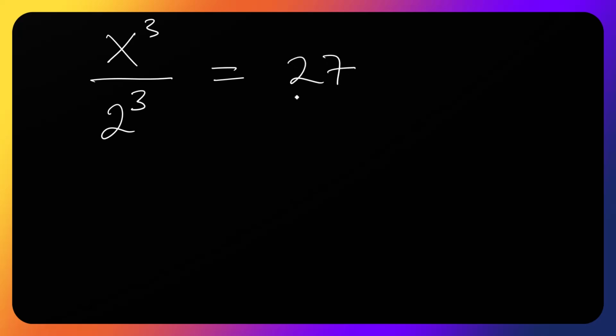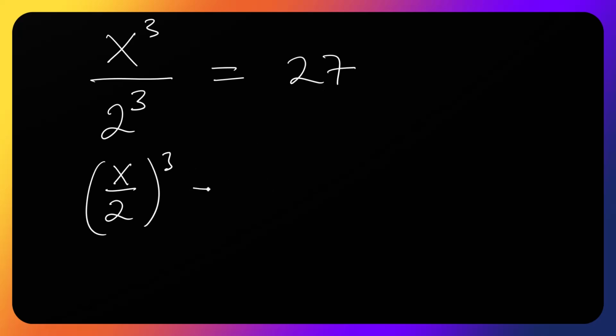So I won't waste time. I have x cubed over 2 cubed, that is 8, equals 27. So let's take the powers out. That will be x over 2 all cubed.